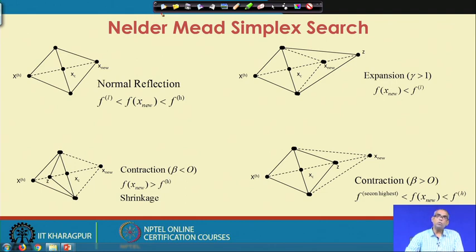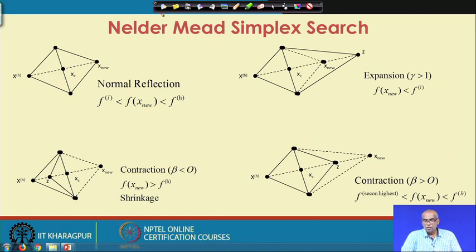So, maybe in the opposite direction the function value will decrease. So, you would like to contract. So, shrink the size of the simplex by contracting along this direction through the centroid of the simplex, and how much you contract will depend on the parameter beta, which is set such that beta is less than 0. So, this is contraction which is actually shrinkage.